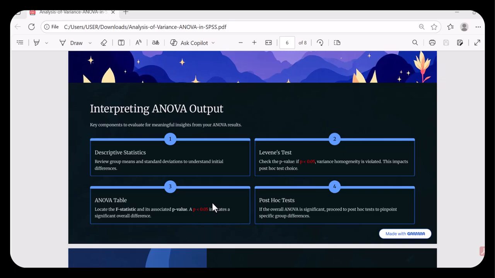After that, we can begin to talk about whether the F test is significant, whether there's an overall difference. Then you can check the p-value, and also do a post hoc where necessary.